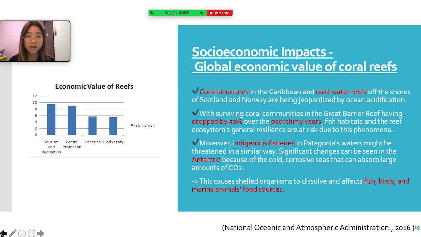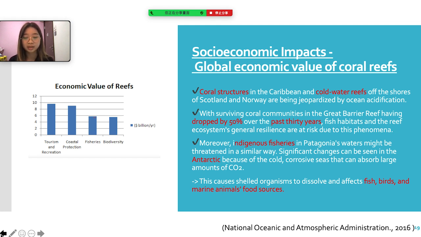Second, global economic value of coral reefs. In this chart, we can see that the economic values of reefs in tourism, coastal protection, fishery, and biodiversity exceed over 30 billion. Coral structures in the Caribbean and cold water reefs off the shores of Scotland and Norway are being jeopardized by ocean acidification, with surviving coral communities in the Great Barrier Reef having dropped by 50% over the past 30 years.